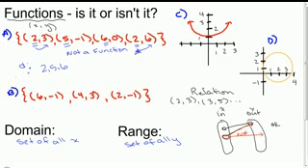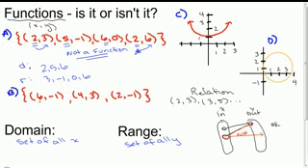I don't have to list the 2 again. And the range here would be the y values, so 3, -1, 0, and 6. But this one is not a function because of that x value that has two different y values.